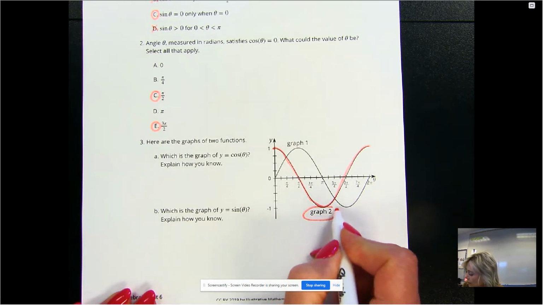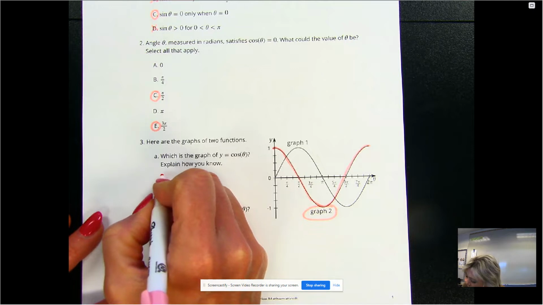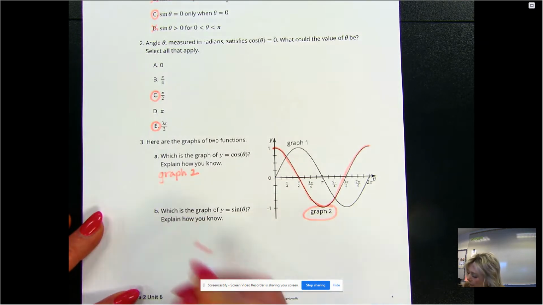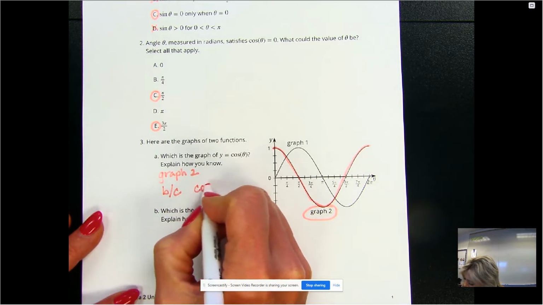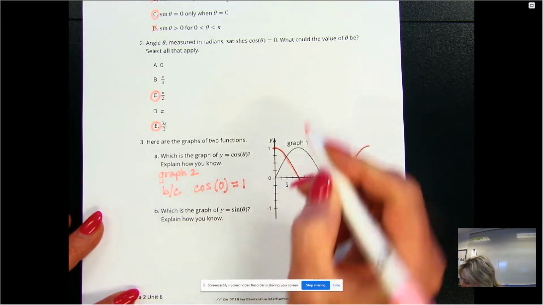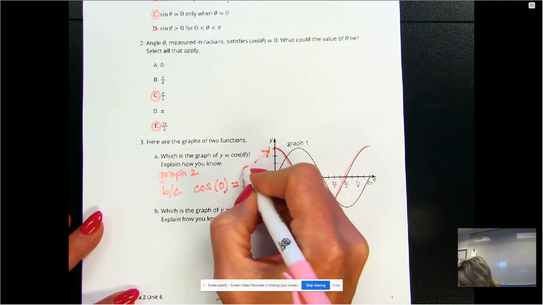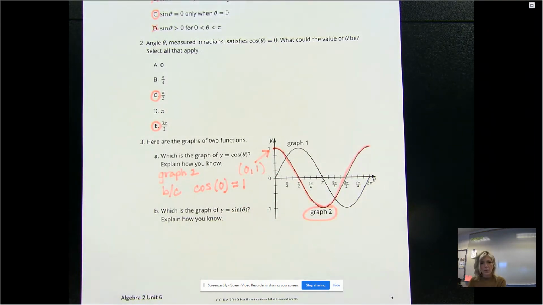That is y equals the cosine of theta. So it's graph 2. And I know this because the cosine of 0 is equal to 1, and that's this point right here at 0, 1. So that's how I know that is the cosine graph.